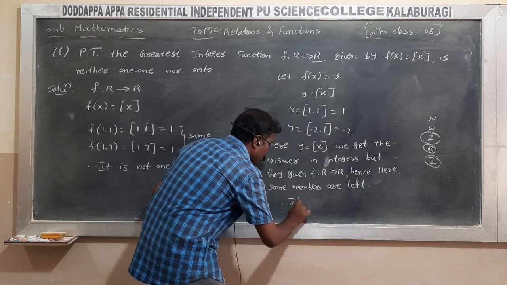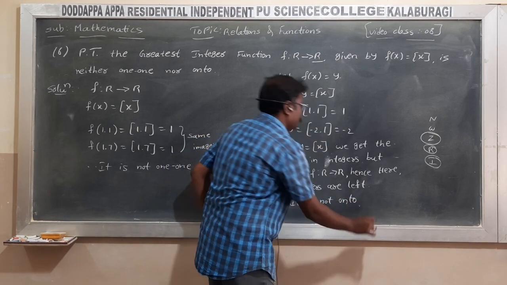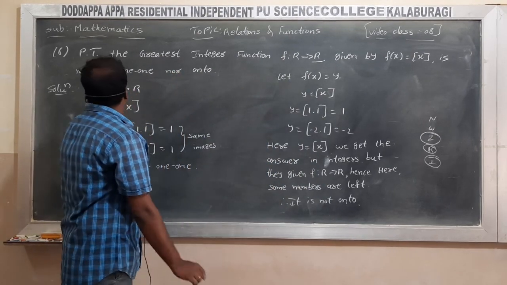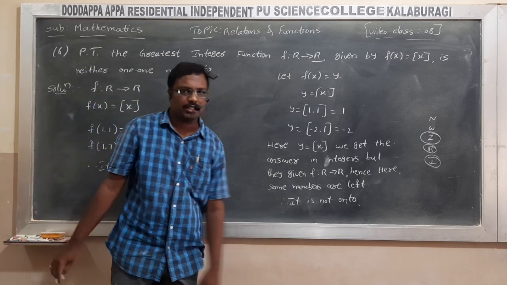Therefore it is not onto. Therefore f is neither one-one nor onto. Last, one sentence you have to add.